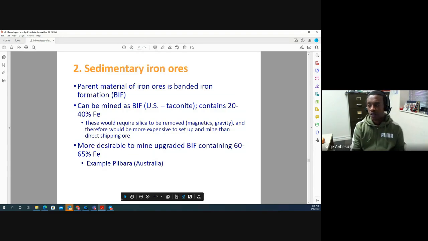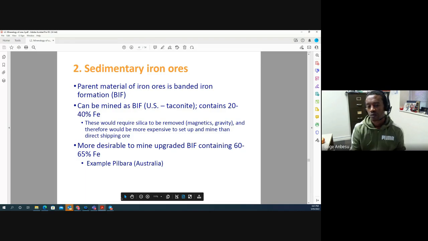Sedimentary iron ores are, again, as the name implies, sometimes called banded iron formations. Typically, these again are either magnetite or hematite based. If you go to the US, they typically mine the magnetite based ore, and that's about 40% iron.